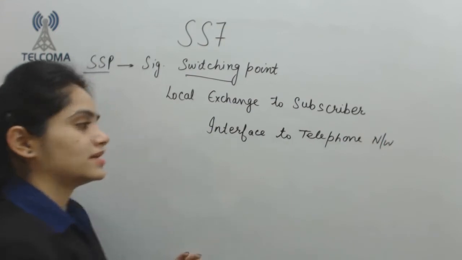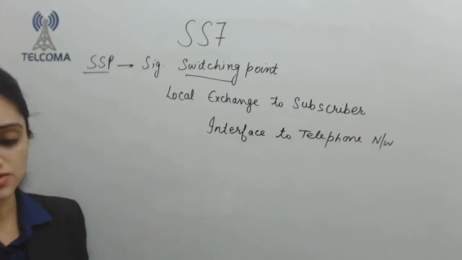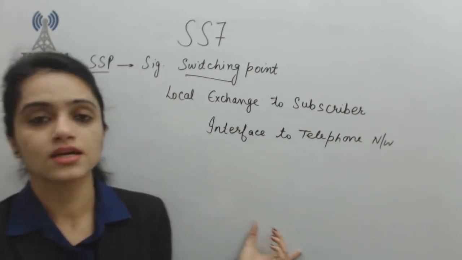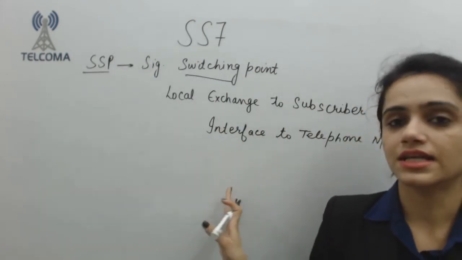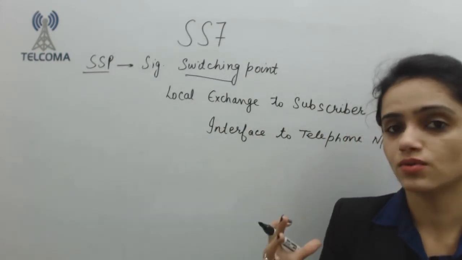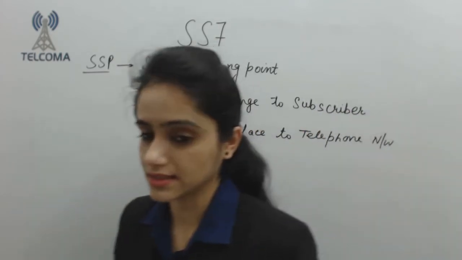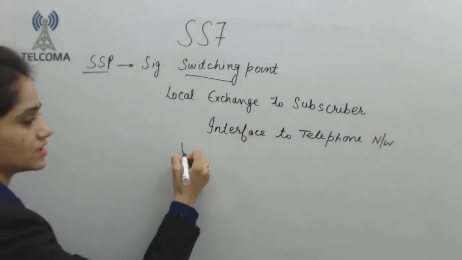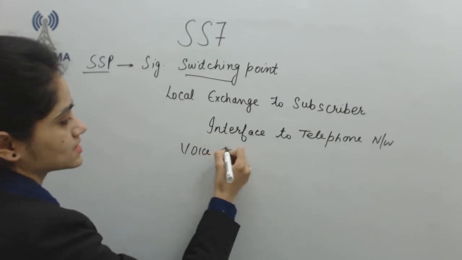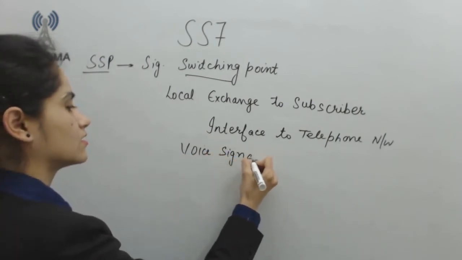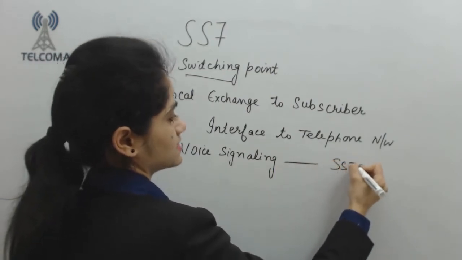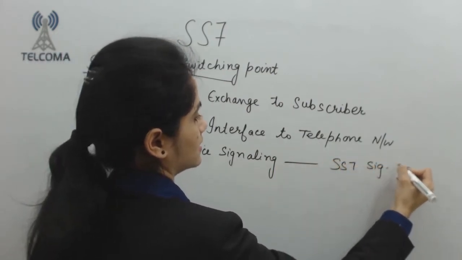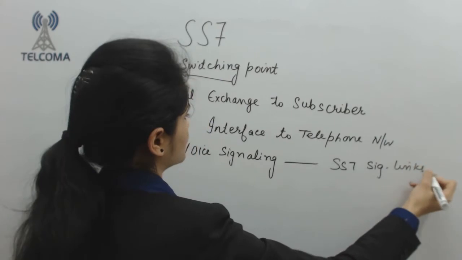As exchange provides functions of the switching, that's why it is named as signaling switching point. Now what is the function of this? It converts my voice signaling to SS7 signaling links or the various messages.